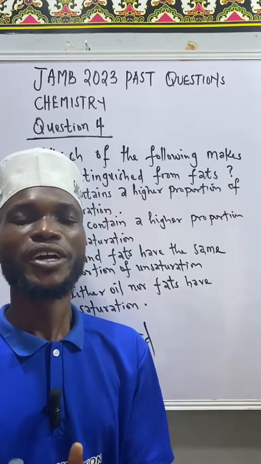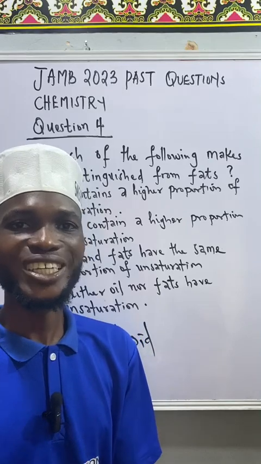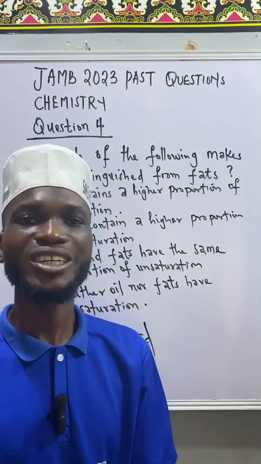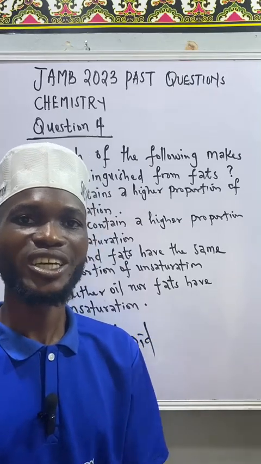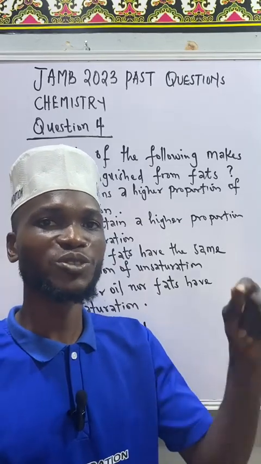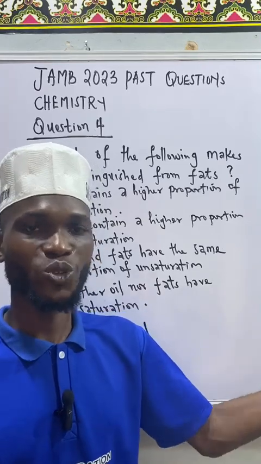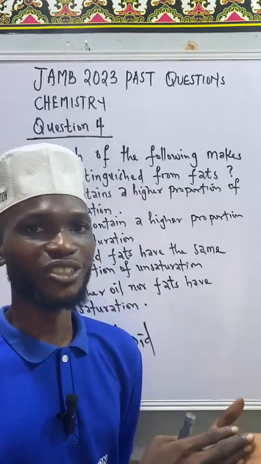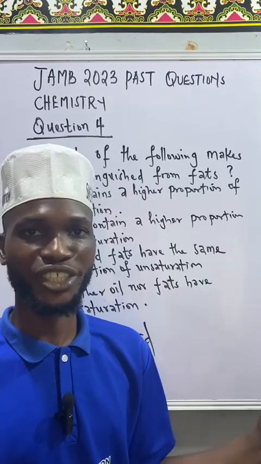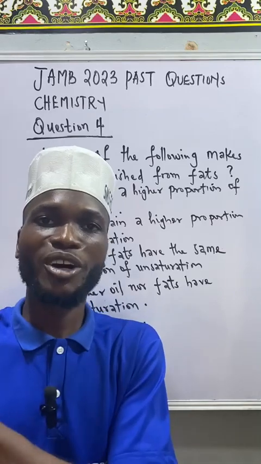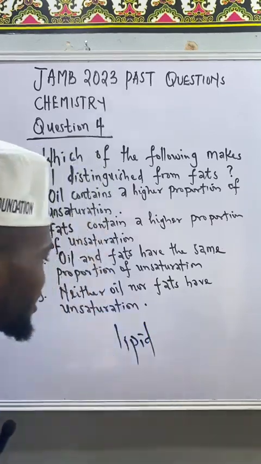Now, anytime higher members of alkanoic acids that contain long saturated chains combine with propan-1,2,3-triol, which is also an alkanol that contains three hydroxyl groups, the higher member of alkanoic acid is known as fatty acid.